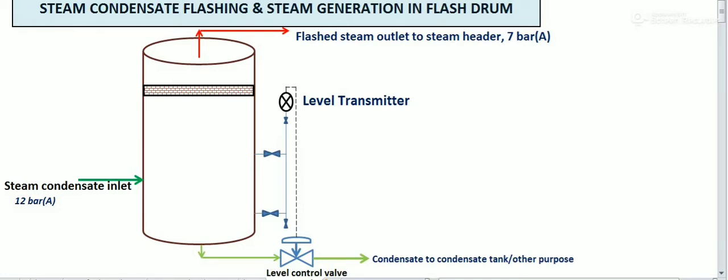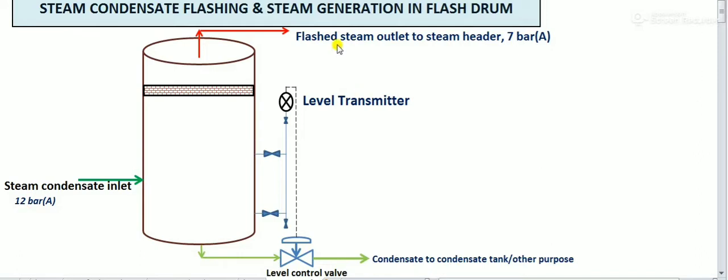So the steam condensate we can utilize for further flashing and converting to low pressure steam. That means if we have 12 bar steam condensate, we can flash to the steam header. Such steam header pressure will be less than that of the inlet condensate pressure.